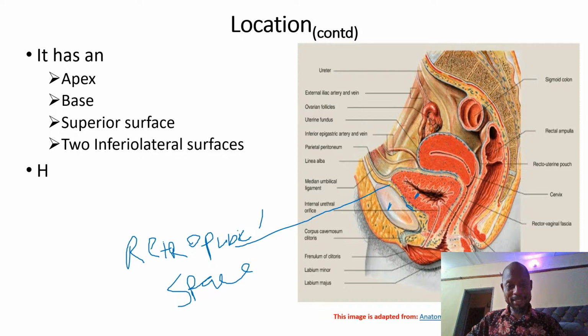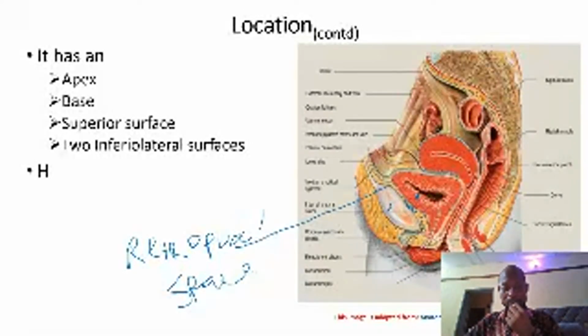Again, like I said, let me go back to the slide. As you look at the inferolateral surface of the bladder, they slope downward to meet on either side, and it will lie against the pelvic diaphragm and the obturator internus.